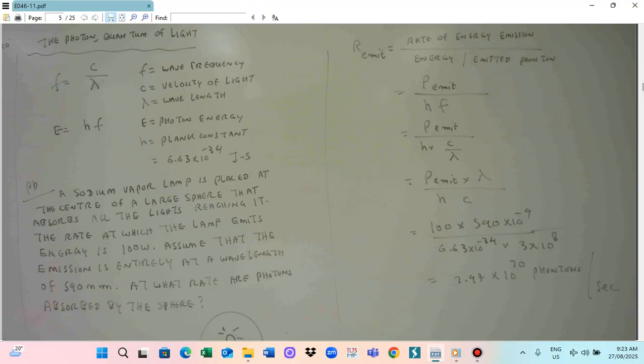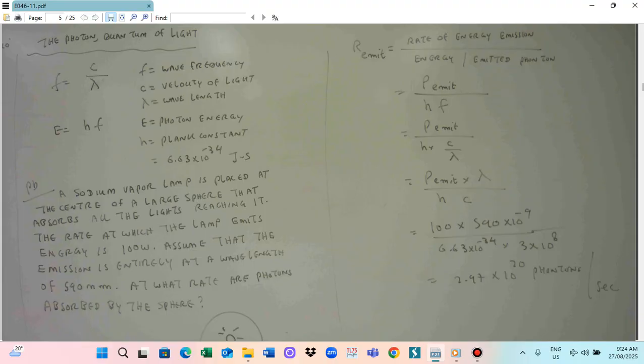The energy of an emitted photon is h multiplied by f. So we can calculate h multiplied by f. The rate of the energy is the power, power P.